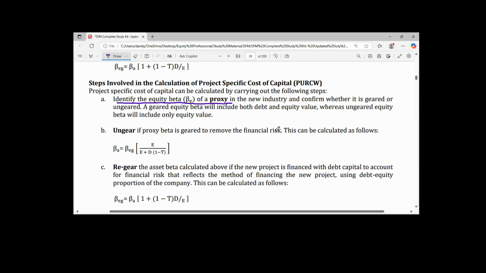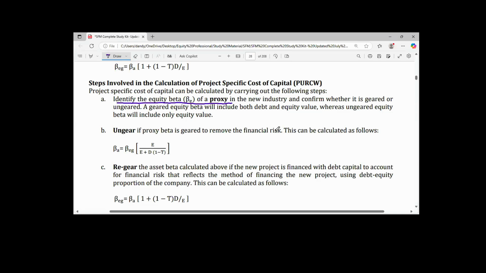A geared beta is the one in which the company has debt in its capital structure. Just go to the balance sheet. If you can see any forms of debt, like bond, loan note, debenture, or bank loan, it means that the beta of that proxy company is geared. So if it is geared, then you need to ungear it. So how do you ungear it?